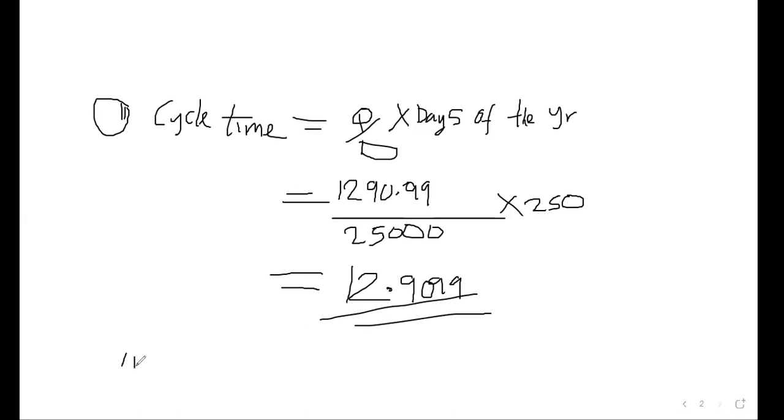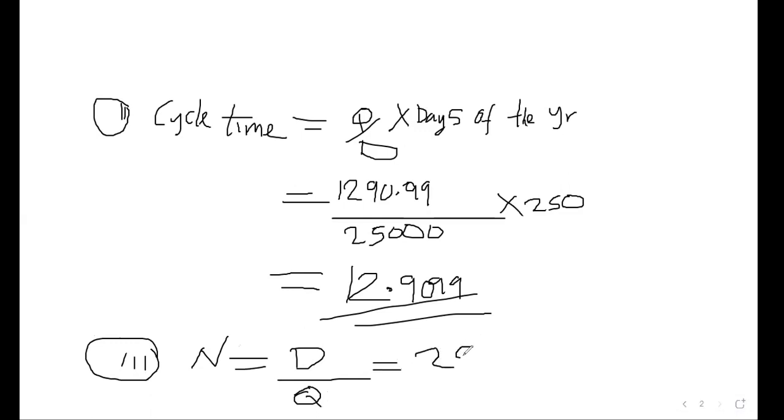Then we can find the number of orders in a year. So the number of orders in a year, which is N, is equal to annual demand D over Q. So how many times can you order a batch to meet the annual demand? It's 25,000 units divided by 1,290.99.